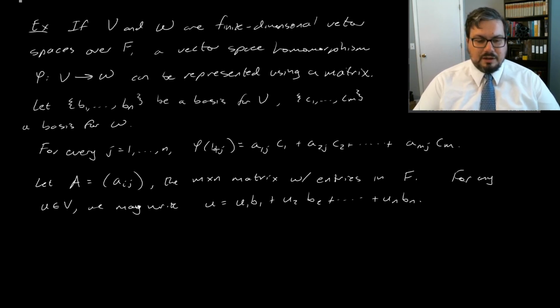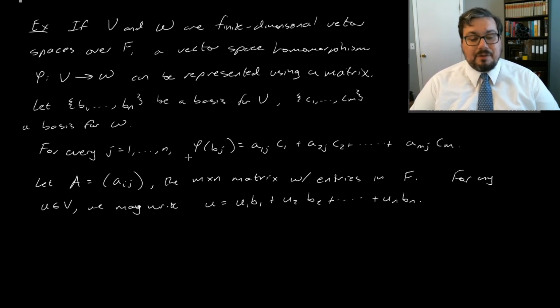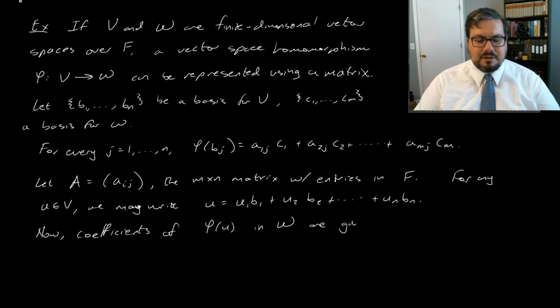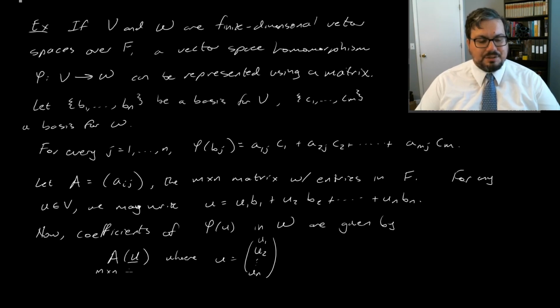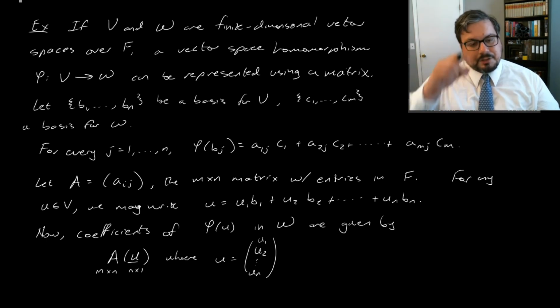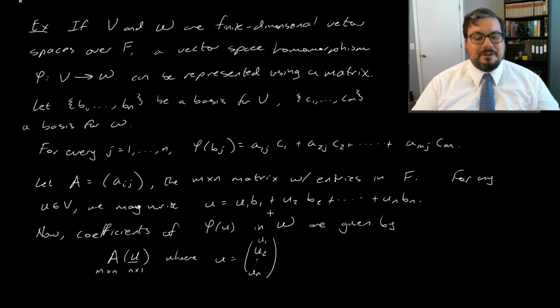Then it turns out that if you work through what happens, use the fact that phi is an F vector space homomorphism, the coefficients of phi of u in W are given by the column vector A times the vector u, where u is the column vector u1, u2, down to un. So A is an m by n matrix, u is an n by 1 column matrix. The result of that will be a column vector with entries in F, and it's going to give the coefficients of the c's, of the c basis in W, of the element phi of u.